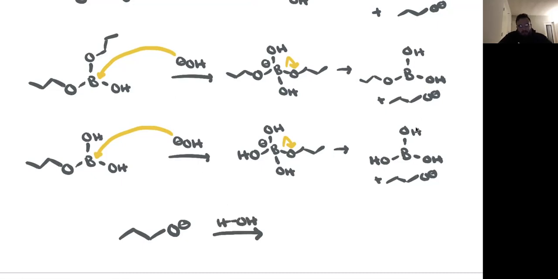And we are working in basic solution, so water will be a little more acidic, i.e. it's the most acidic thing we have in solution right now. We grab this proton, and then we end up generating our final major product plus water.